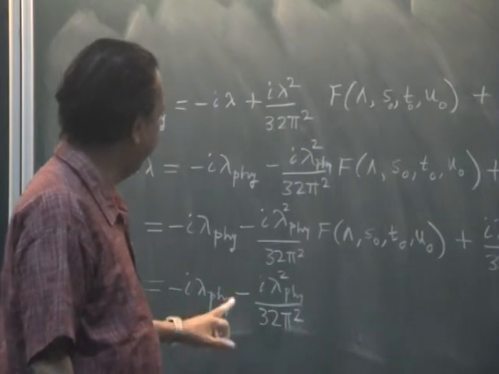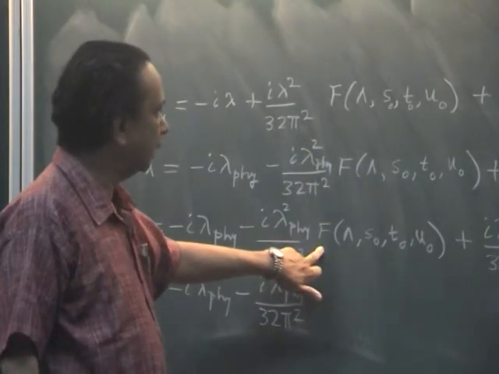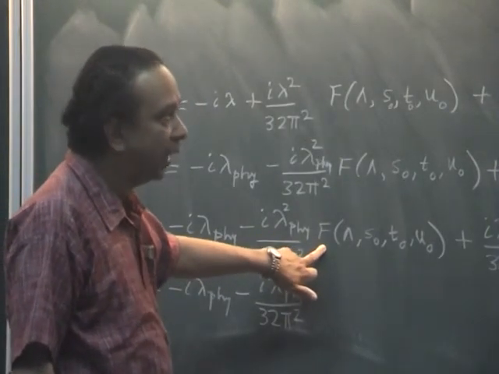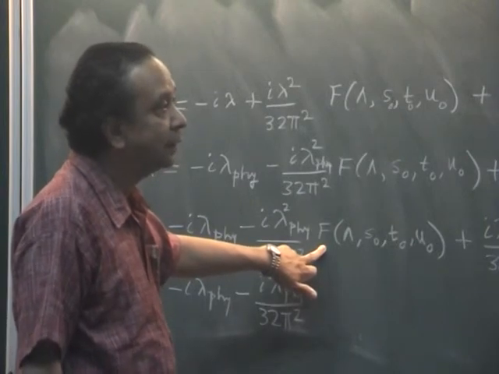So what do I get? If I put minus here, then it is this quantity minus the one with that, right?